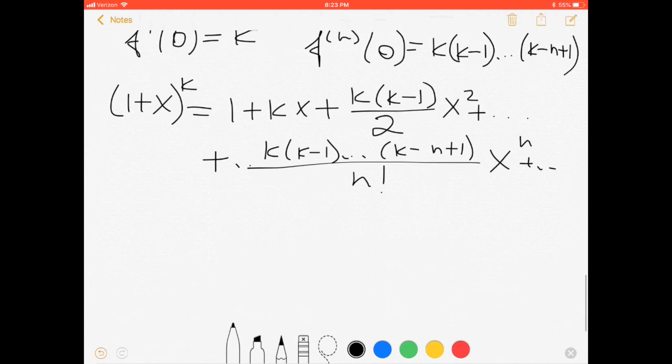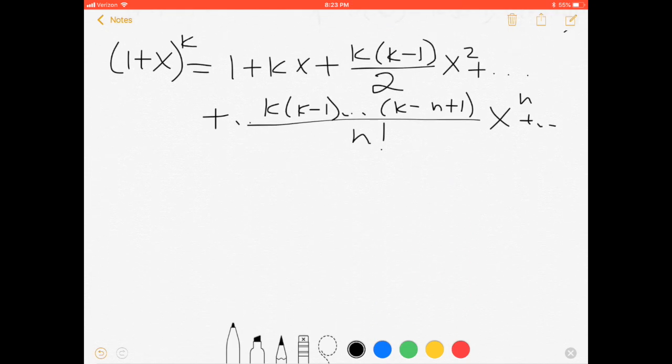Continue. This binomial series helps us write Maclaurin series, for example, for a couple of functions.